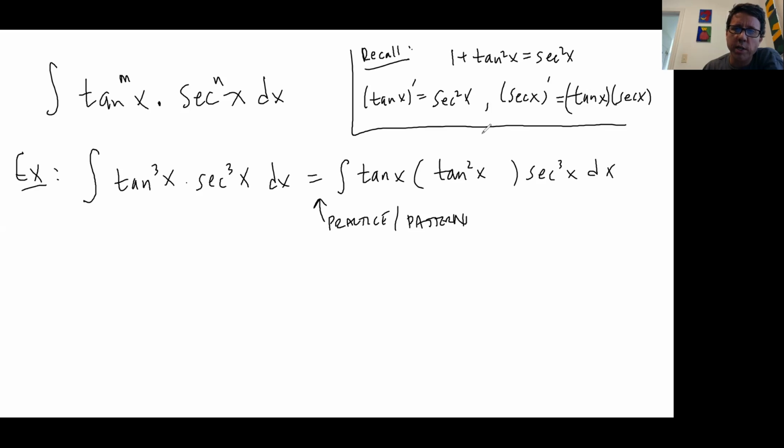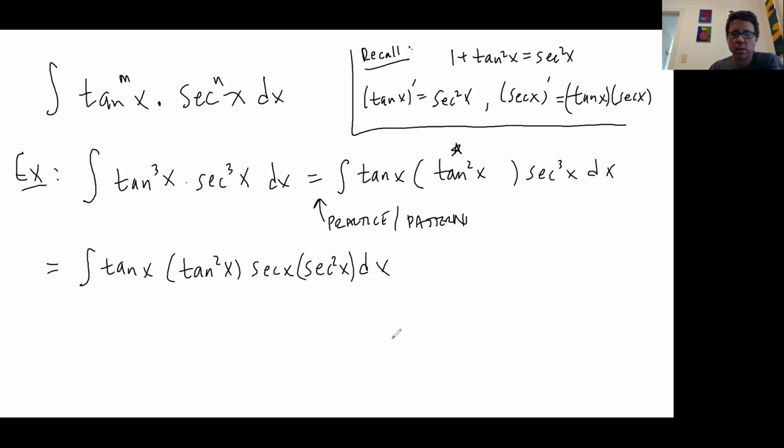I want to use the identity on that one there, but I also want to break the secant up as well. So tangent and tangent squared, and secant squared. Why do I want to do that?